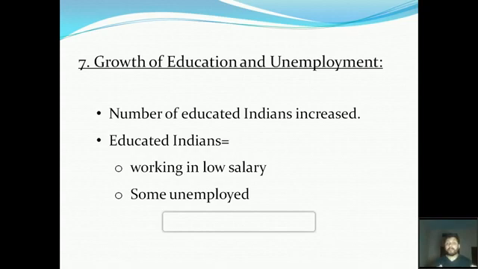The number of educated Indians increased, including those who got education abroad. When we go through the history, we can see a number of leaders who got good education in different foreign nations. Jawaharlal Nehru, Mahatma Gandhi. If you take a list of those educated Indians, it is numberless.